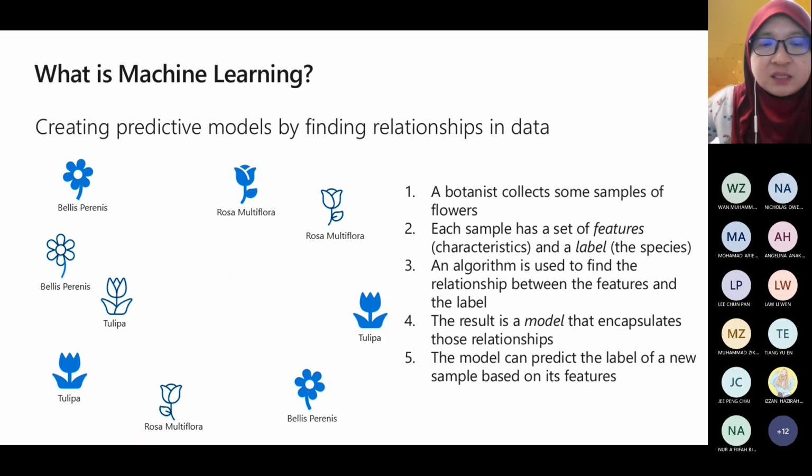Okay, so since the model has learned the relationship between the features and label, you can use it to predict the species of flower based on its features. So if a new flower appears, okay, perhaps a new species, then a new label name will be created. So it depends on the data that is available.